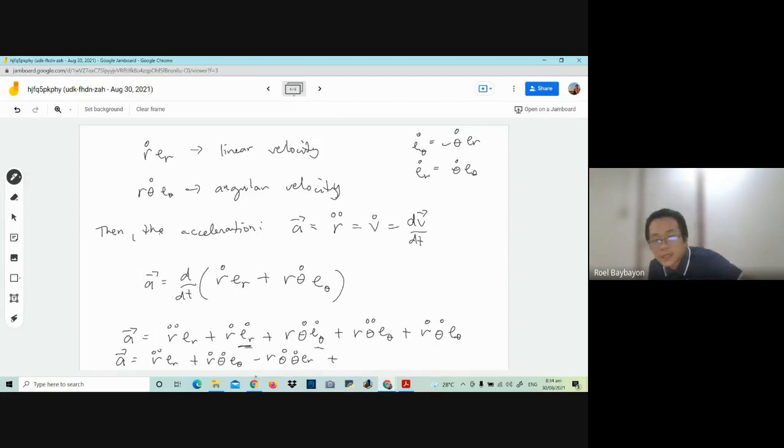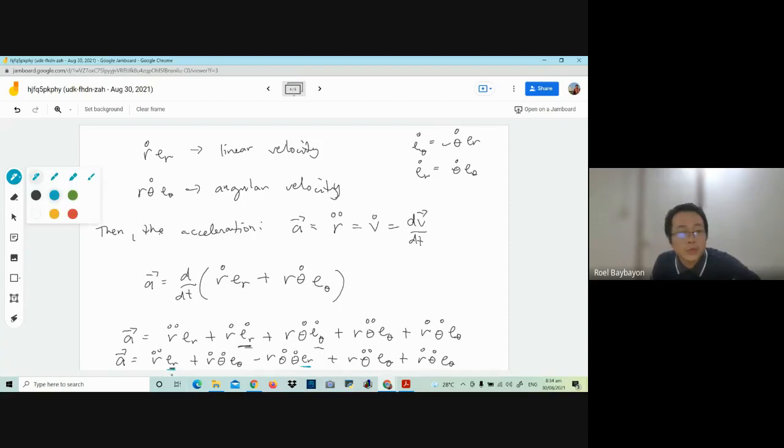Plus this, kopyahan lang nako: r theta double dot e_theta plus r dot theta dot e_theta. So duha ka terms lang ni. I-regroup nako ang e_R, and then i-regroup nako ang e_theta.